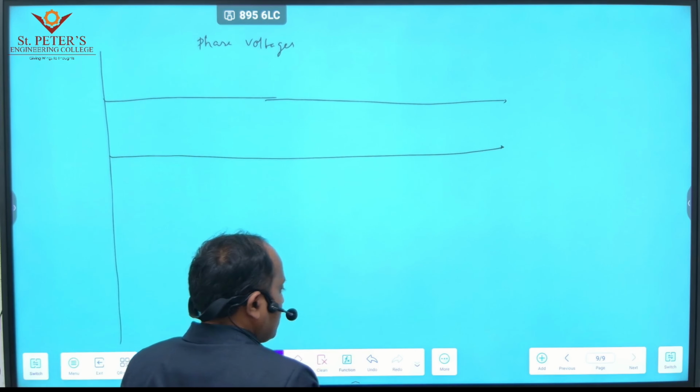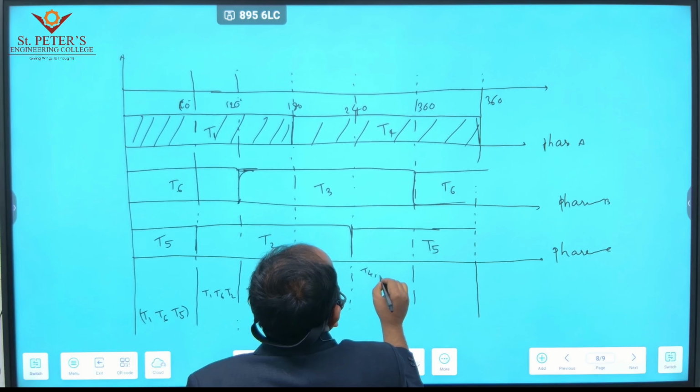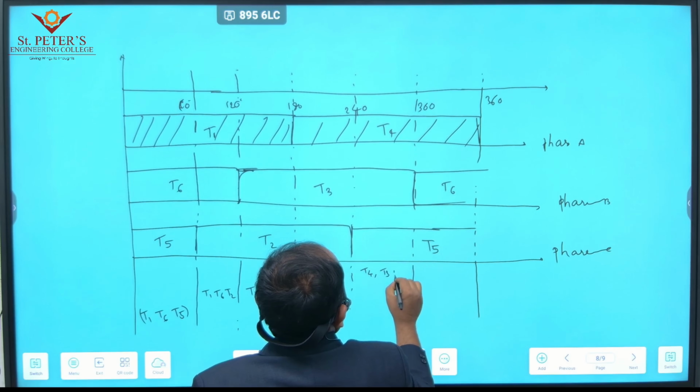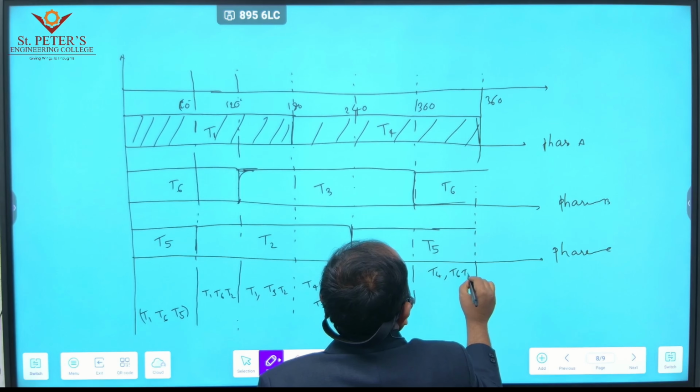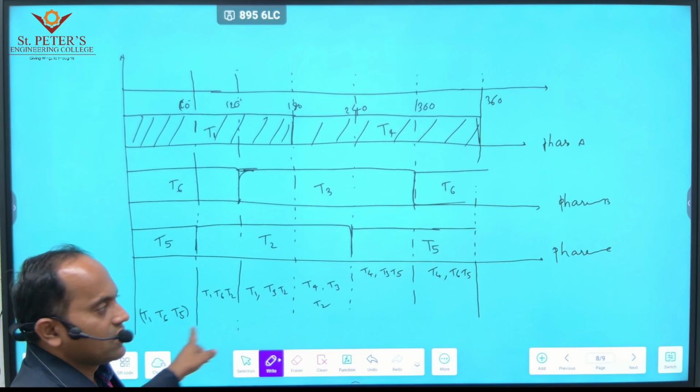From 120 to 180, phase A T1, phase B T3, and phase C T2. From 180 to 240, phase A T4, phase B T3, and phase C T2. From 240 to 300, T4, T3, and T5. Then T4, T6, T5. These are the sequences of thyristors which are conducting.